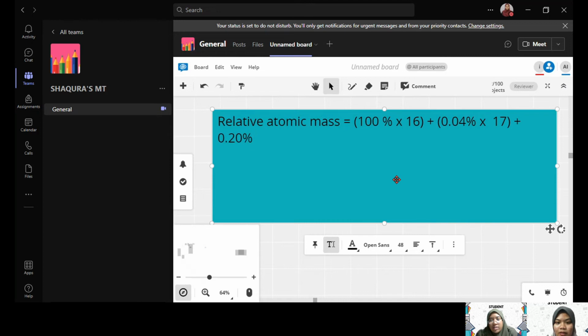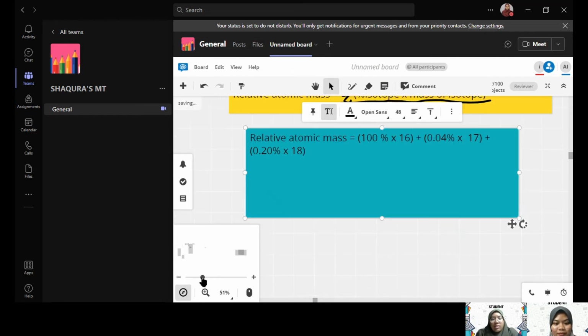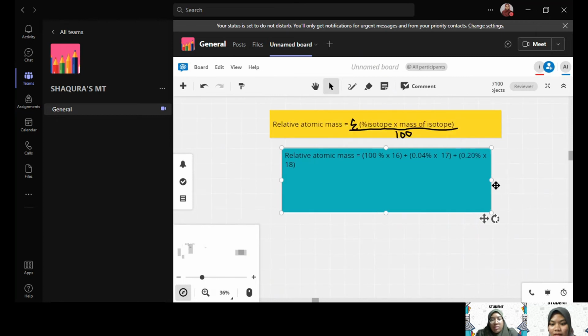Multiply by 18. Then divide everything by 100.